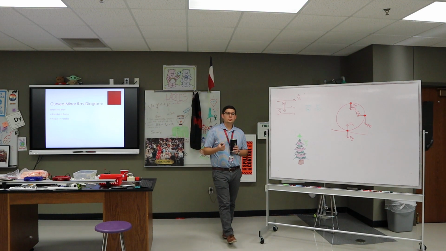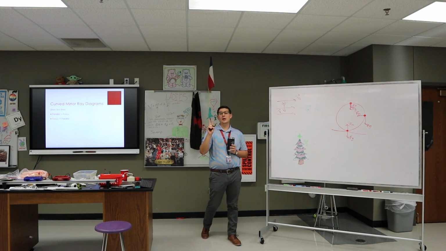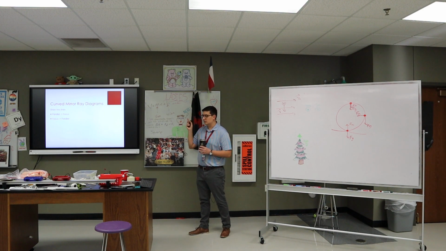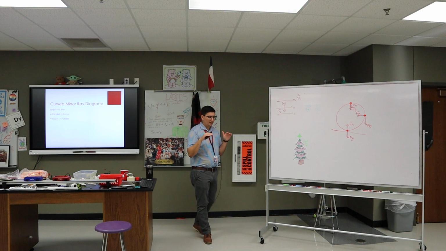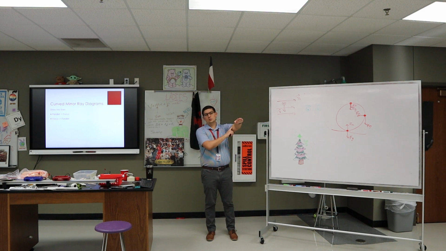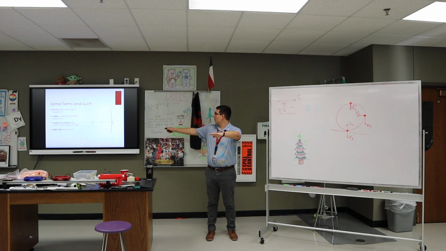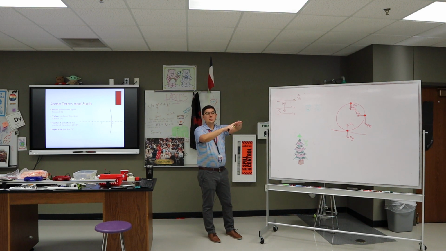So one of the things we can do to understand what's going to happen with these mirrors is draw ray diagrams. And what we're going to do is draw two rays. I'm not going to do the geometry for you, but if you analyze a sphere and apply the law of reflection to it, you would see that any light that comes in parallel to the optical axis, that dashed line, is going to hit the mirror and reflect back through the focus.